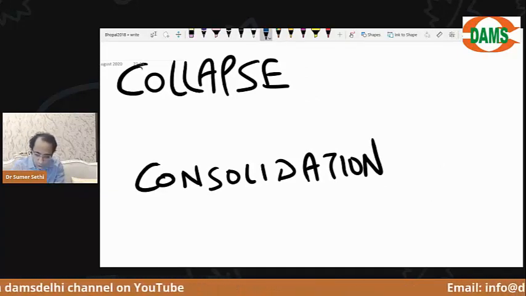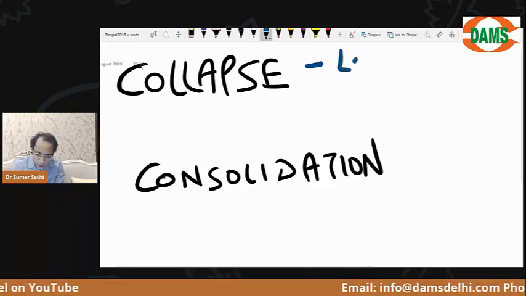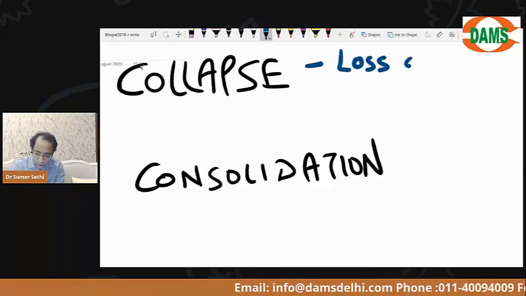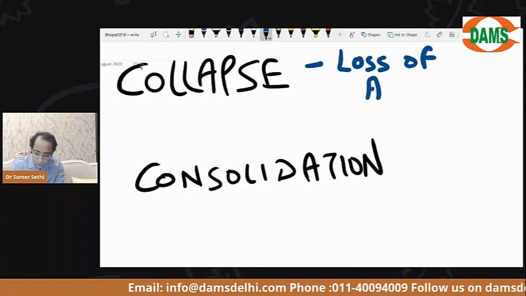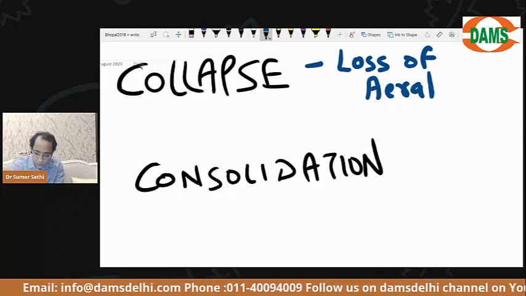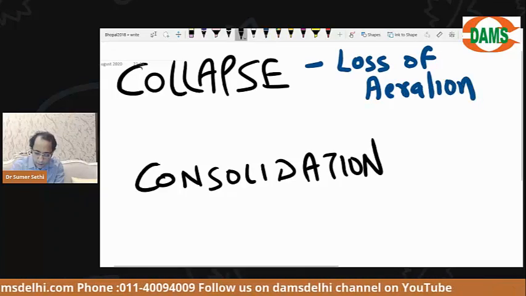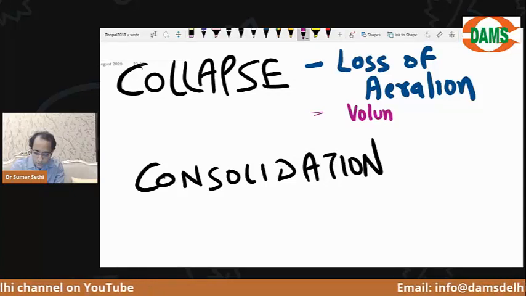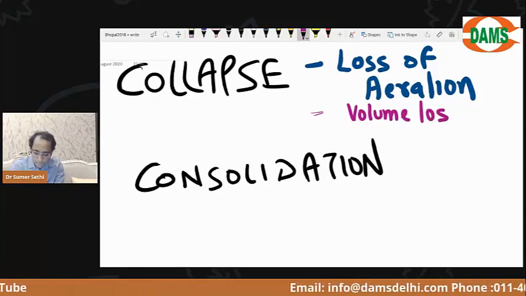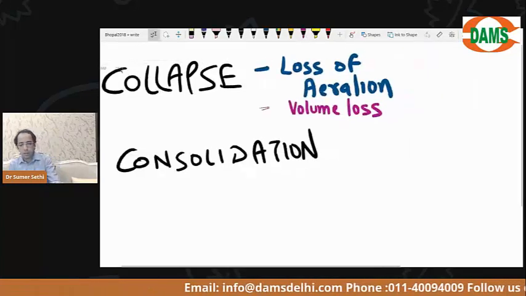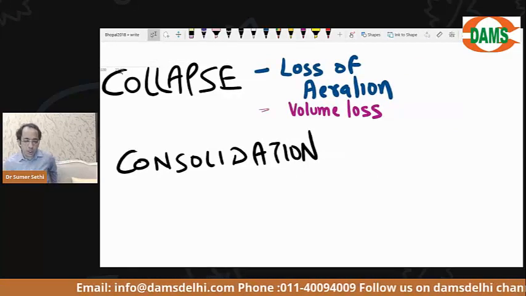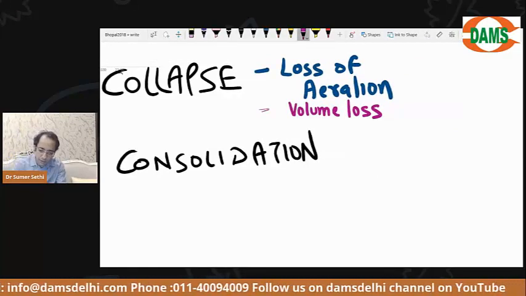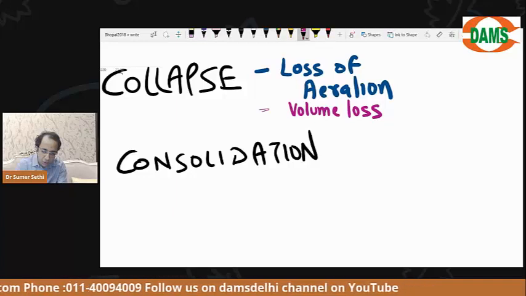Collapse means there is loss of aeration in a lung lobe along with volume loss. So whenever I use the word collapse on a chest film, the meaning is loss of aeration, that is, there is no air, and the volume is lost.